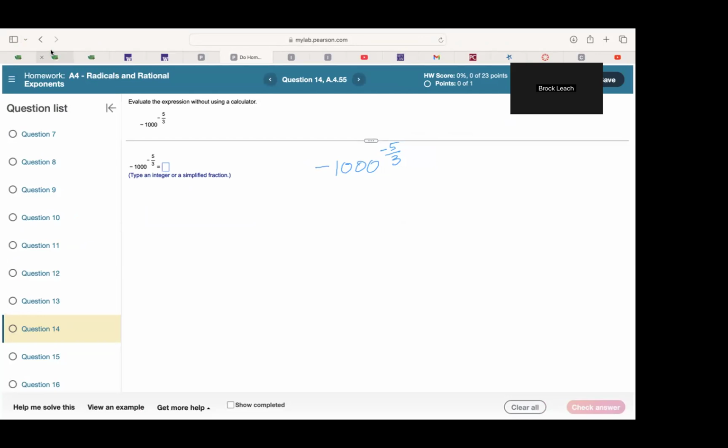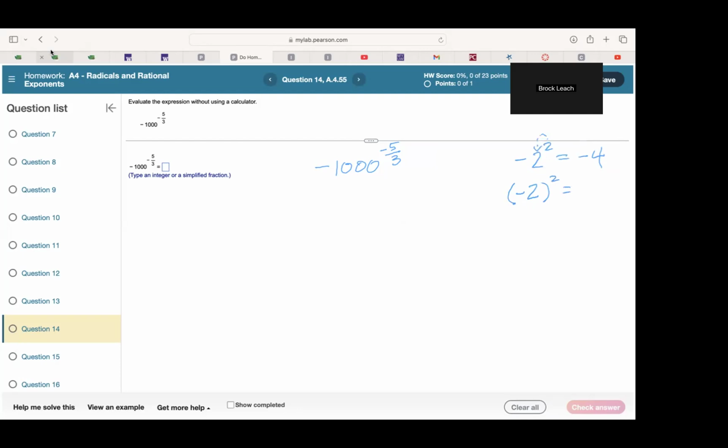This is one of those little things, like negative 2 squared. What is negative 2 squared the way I have it written? It's negative 4. And most of the time you see that, you want to write positive 4 because negative 2 times negative 2 would give us positive 4. But the way it's written, the negative is not being applied to the power. The power only applies to the 2.